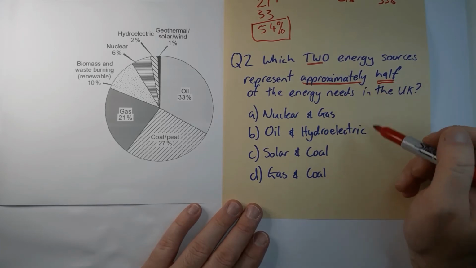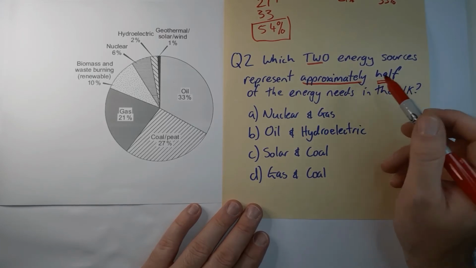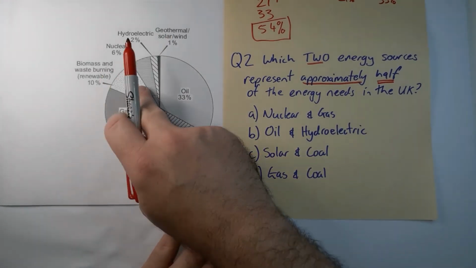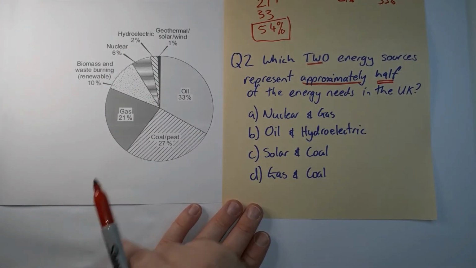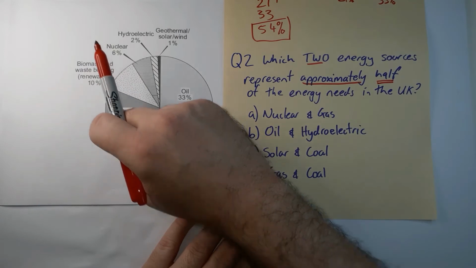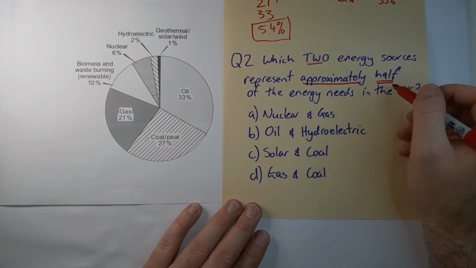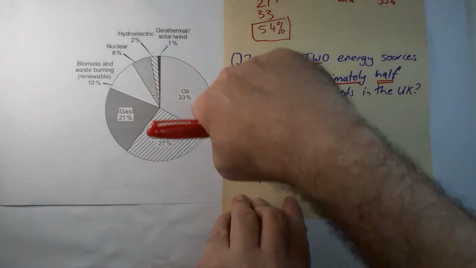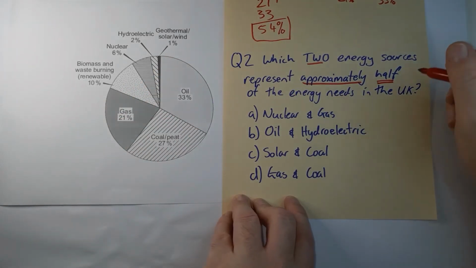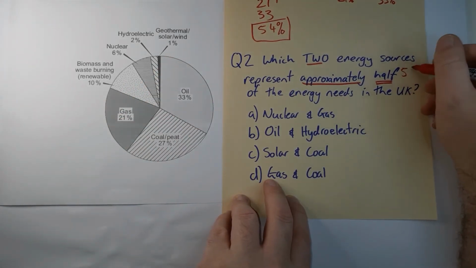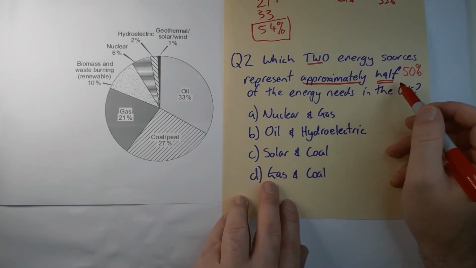If you see the word half, because we are dealing with percentages, sometimes even angles, because we can measure the angle of each of these sectors, you might think, what is a percentage for half of a total? Because a pie graph gives us a total. Well, I'm looking for about 50%.